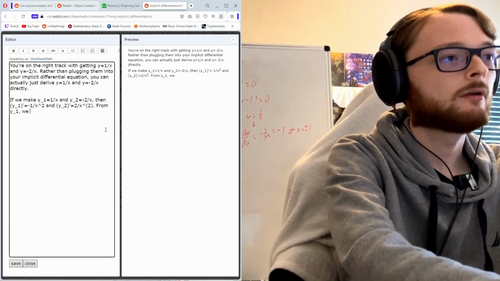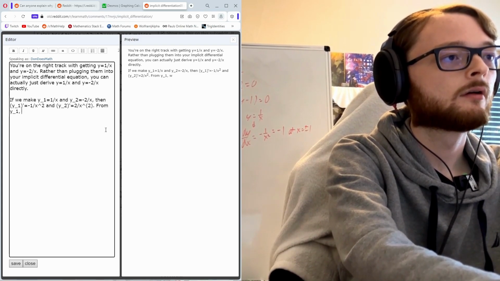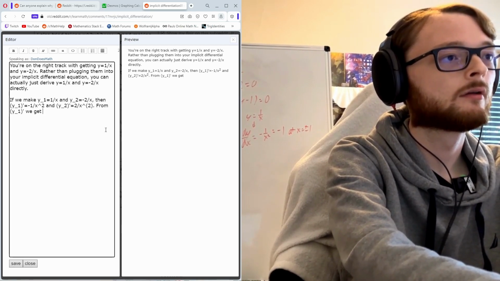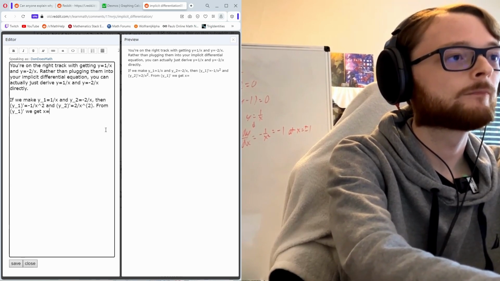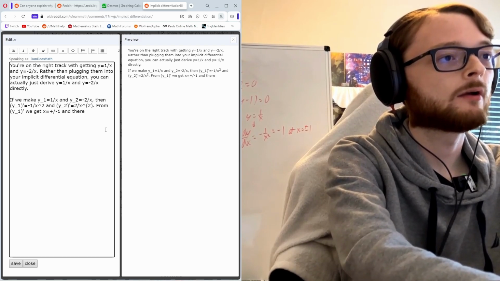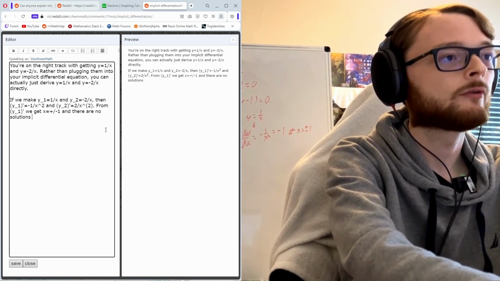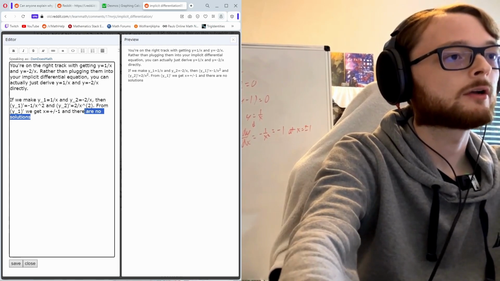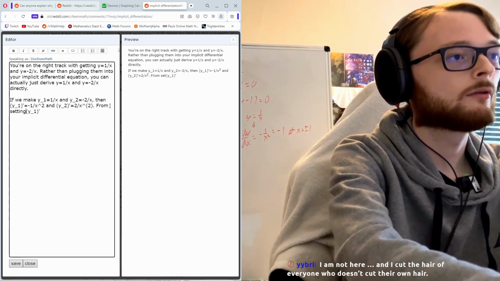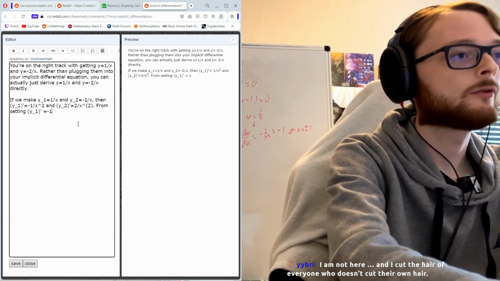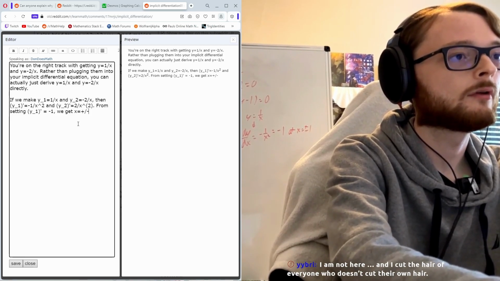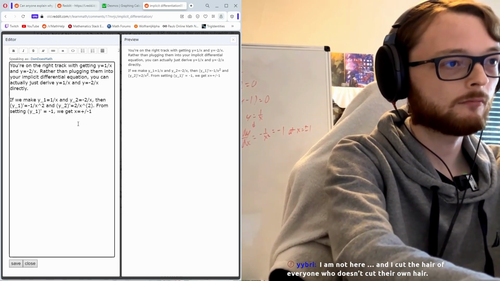From y sub 1 prime, I should say, setting this equal to negative 1, we get x equals plus and minus 1.